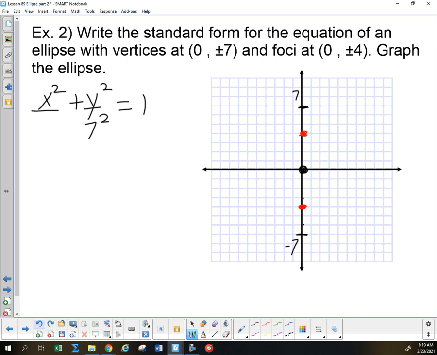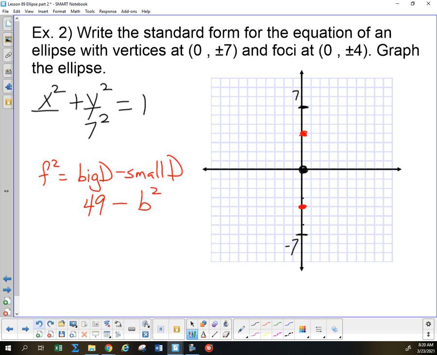So now I need to figure out, like I did before, how far I need to go in the other direction. I know f squared is big D minus small d, and big D is 49. Small d is what I'm trying to find, a squared minus b squared.